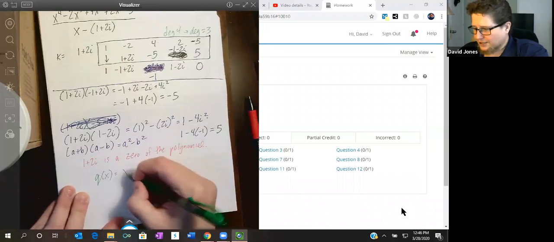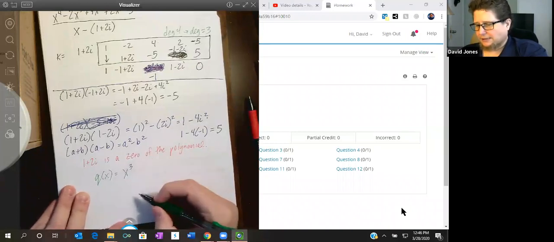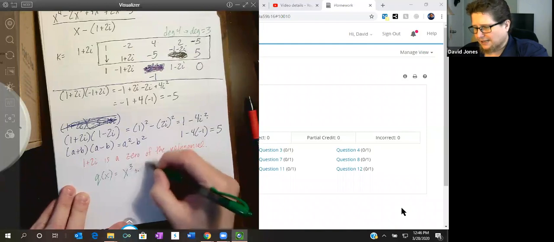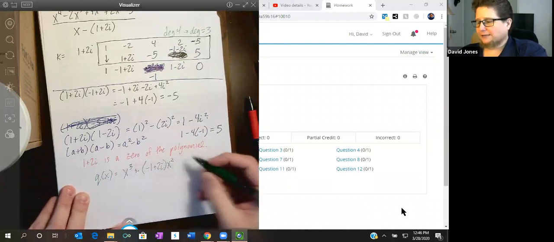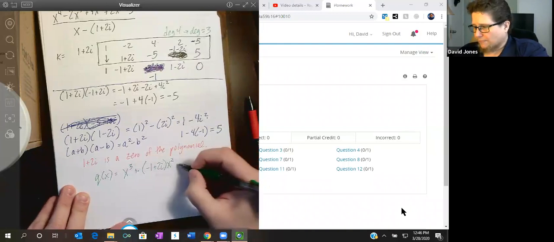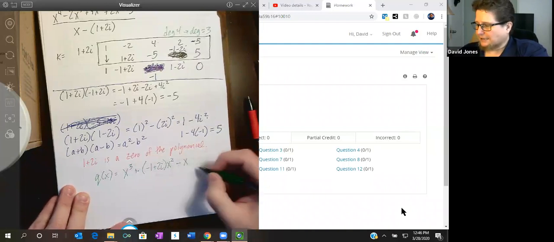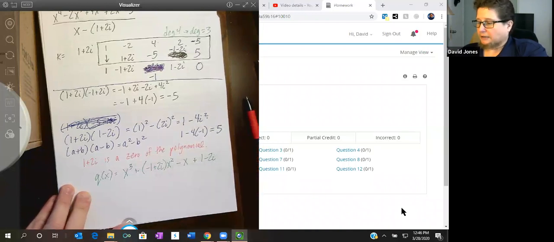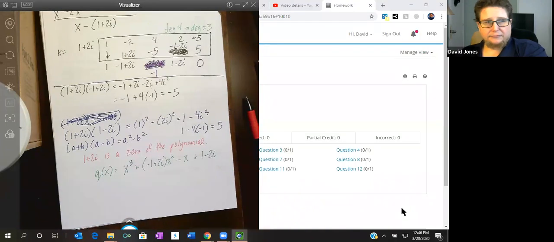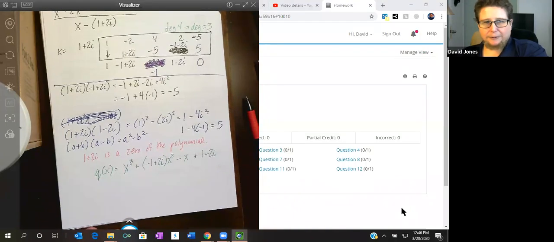And I get x cubed plus negative 1 plus 2i times x squared minus x plus 1 minus 2i. That's my quotient. Now it's crappy looking though, right?